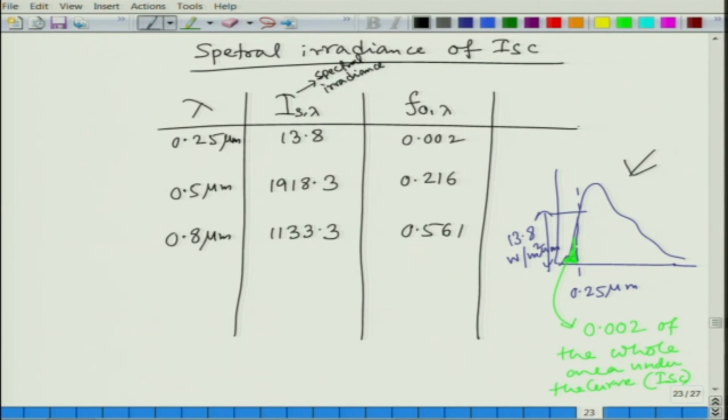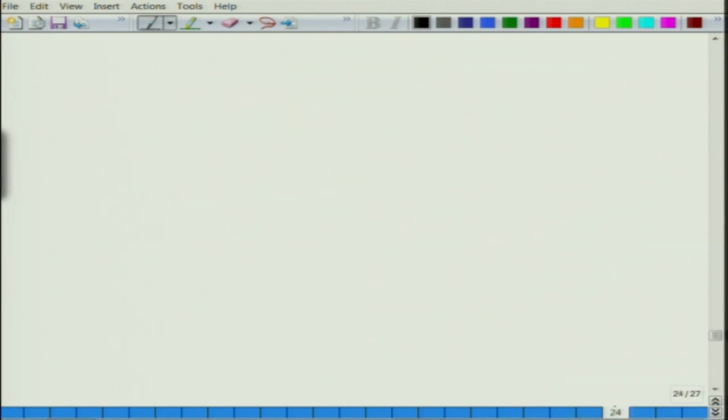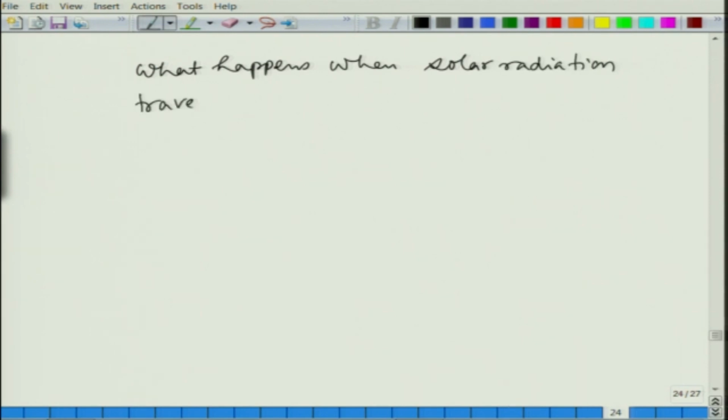Okay. Now, what can we talk about next? Now, what happens when solar radiation travels through the atmosphere? This particular thing we will talk about later. Okay.